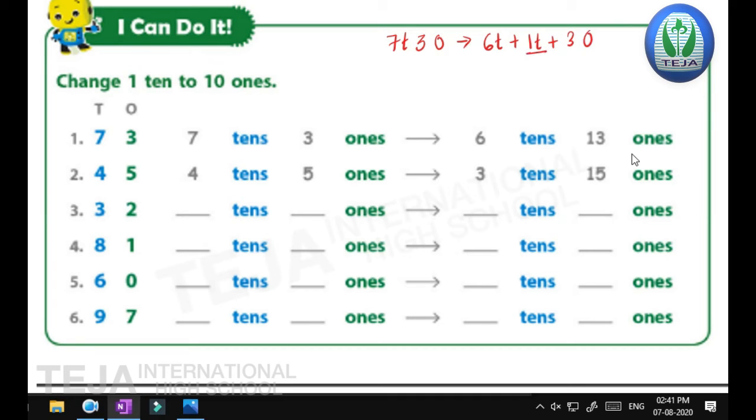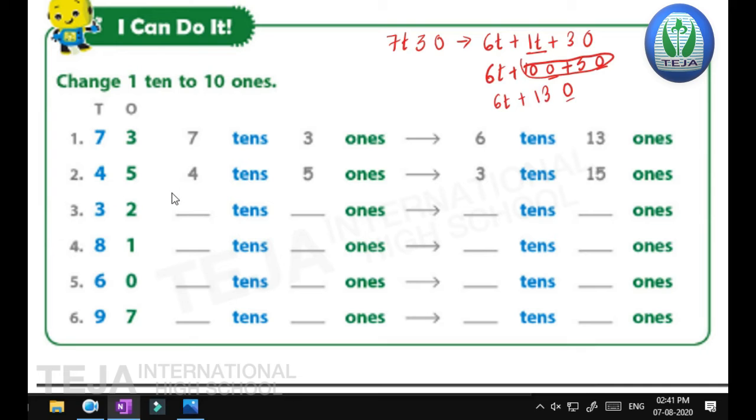Now here 1 ten equal to how many ones, children? 10 ones. That's why 7 tens equal to 6 tens plus 10 ones plus 3 ones. Now as these two are ones, we'll add these two. So that is 6 tens plus 13 ones.